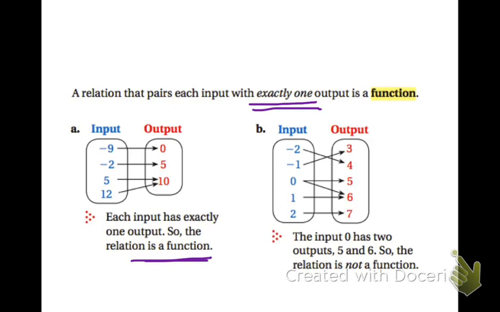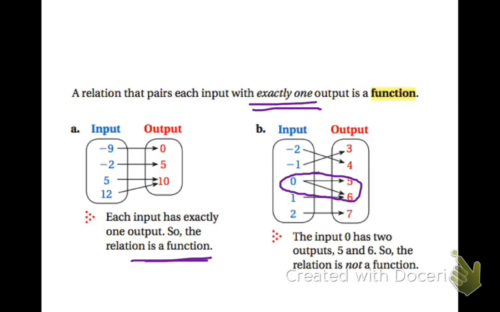Looking at B, -2 to 4 has 1 output. -1 to 3 has 1 output. 0 goes to 5 and to 6. So this is the part that 0 could go to 5 or to 6. What kind of a mathematical rule could we write that somehow pairs 0 with a 5 or with a 6?